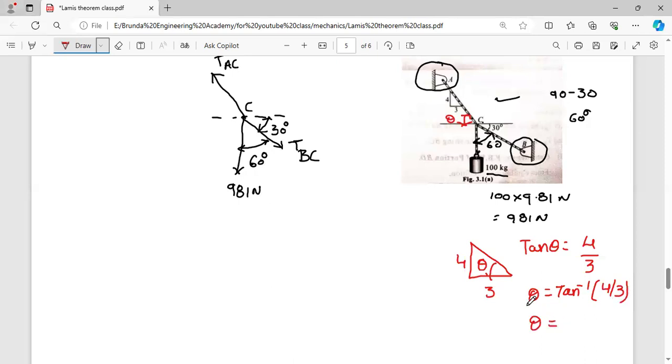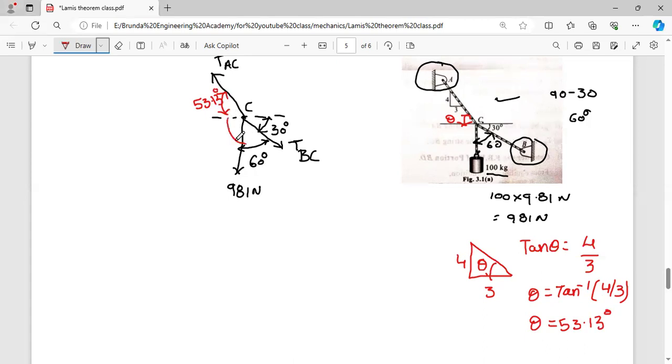By simplification, tan inverse of 4/3 equals 53.13 degrees.